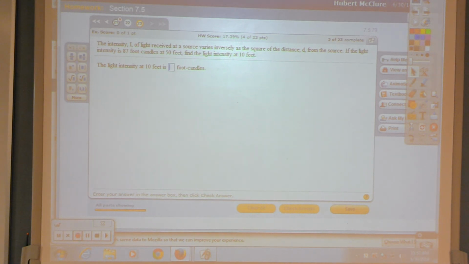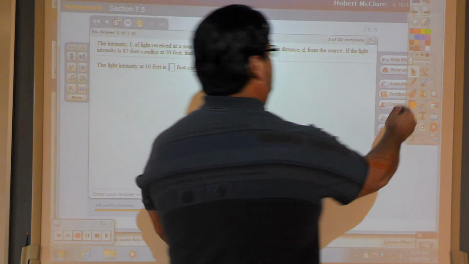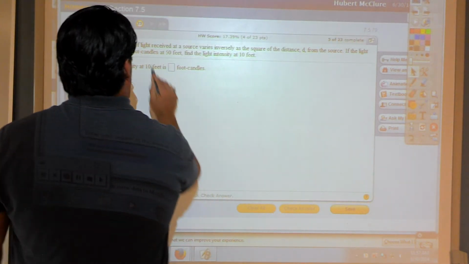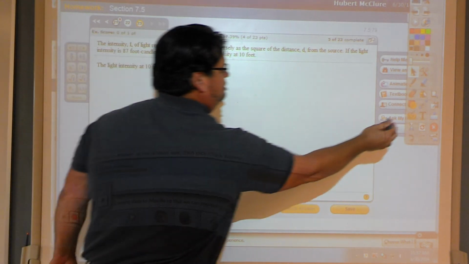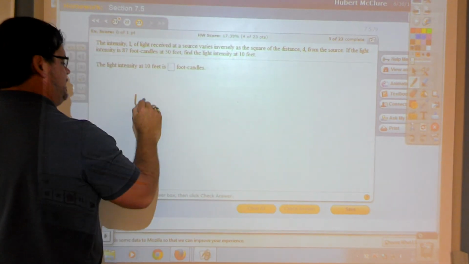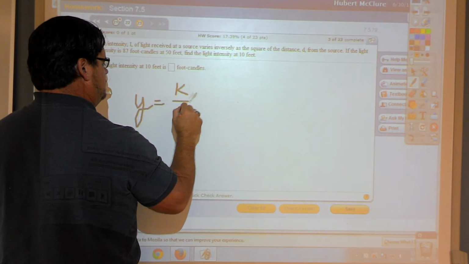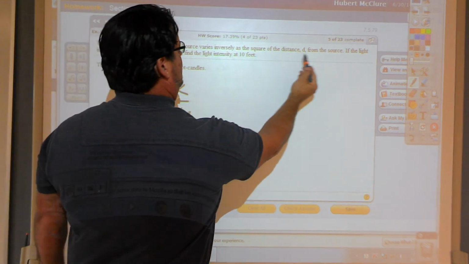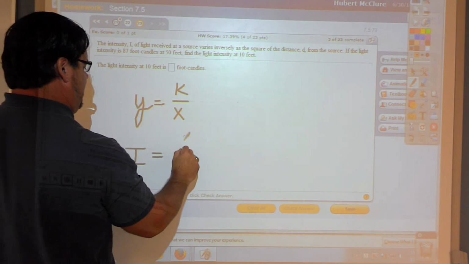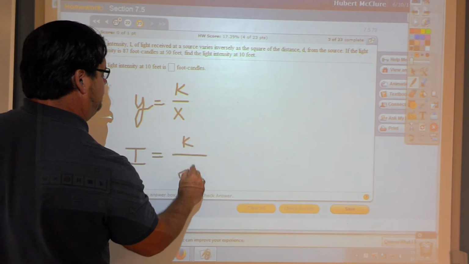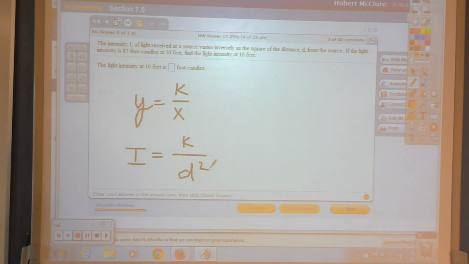All right. So, varies inversely. Y is equal to what? Y is equal to K over X. So, I is equal to K over what? D squared.